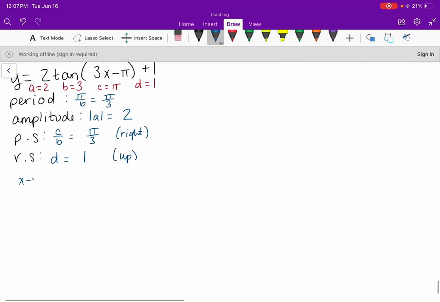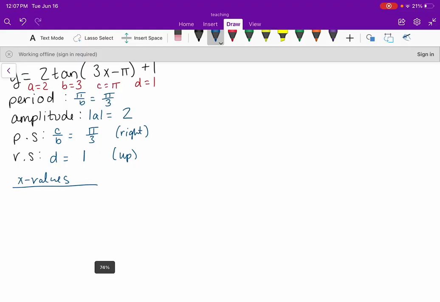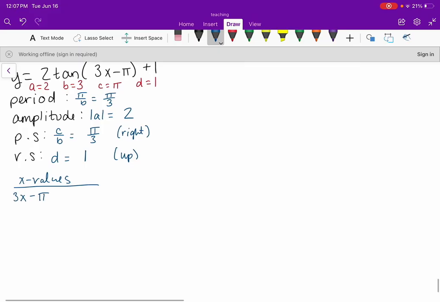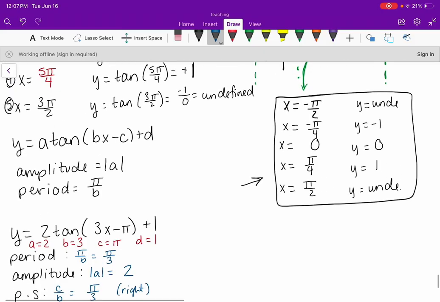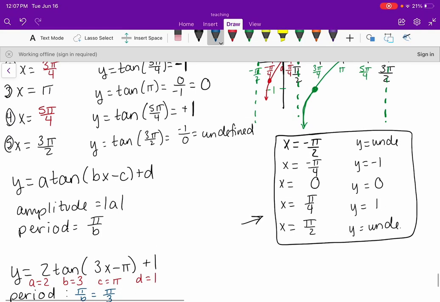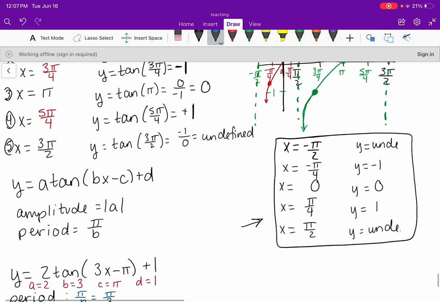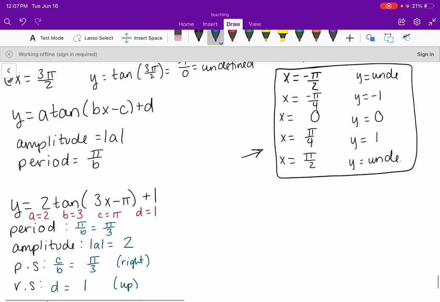For my x values, I'm going to use the parentheses and I'm going to set it equal to the original points that tangent passes through. So I'm going to use these ones that I boxed in just to see if maybe these will work better with students this quarter.